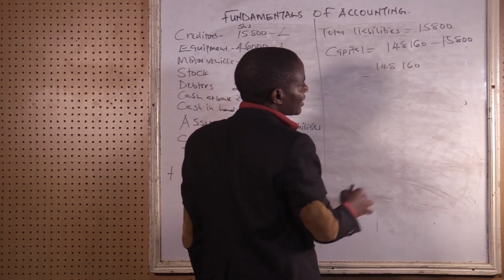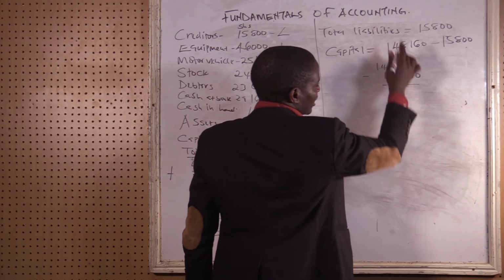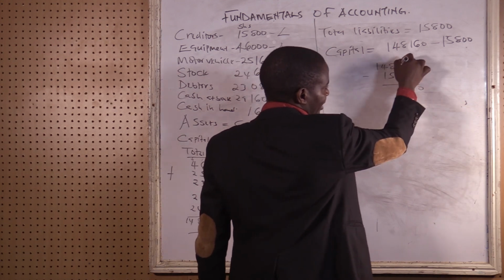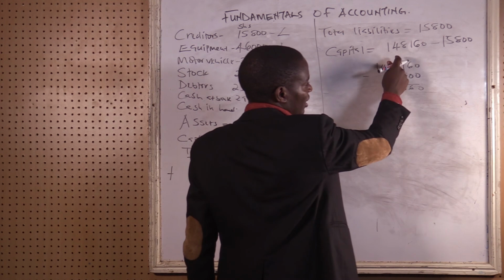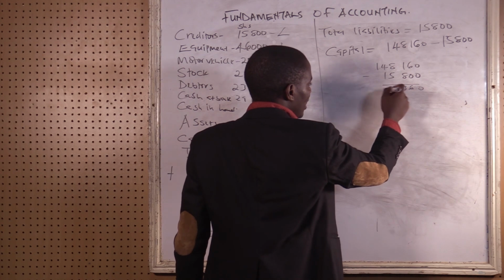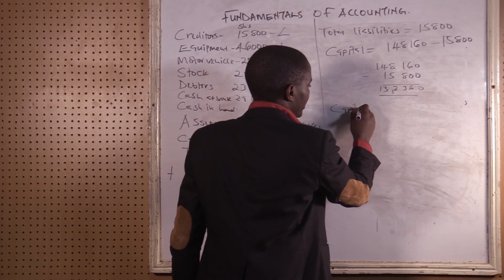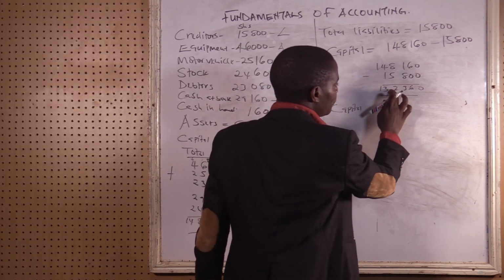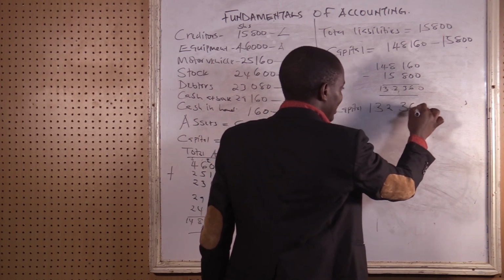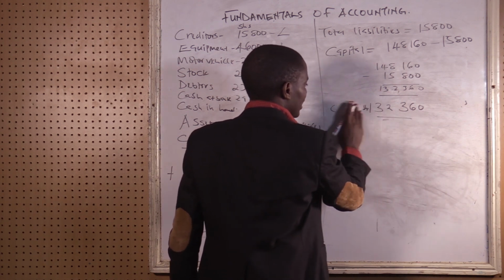160 minus 15,800. When we subtract that, we get 0, 6. This is 11 minus 8, we have 3. This is 7 minus 5, we get 2. 14 minus 1, we get 13. So our capital for this particular business is 132,360, and remember the currency is shillings.